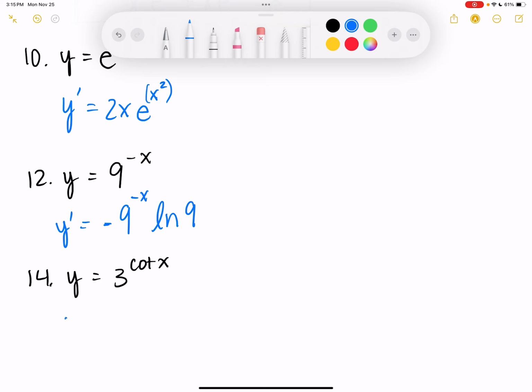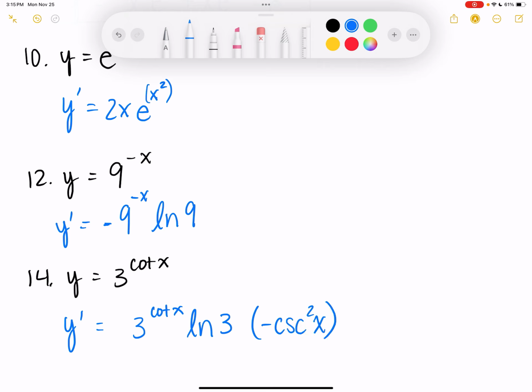So, y prime is going to be 3 raised to the cotangent of x, always times the ln of whatever the number of the base is, so ln of 3. Now, what is the derivative of cotangent? Yep, negative cosecant squared of x.